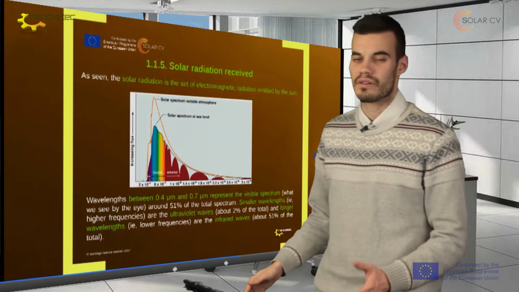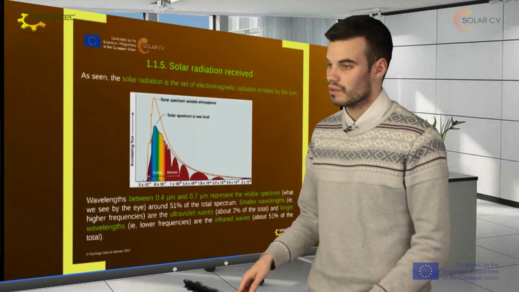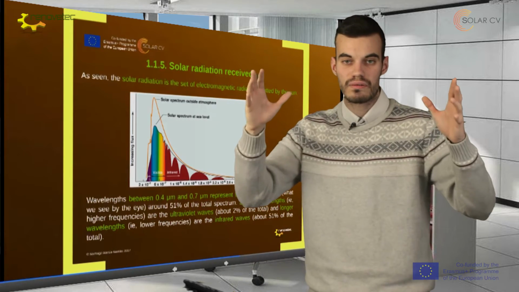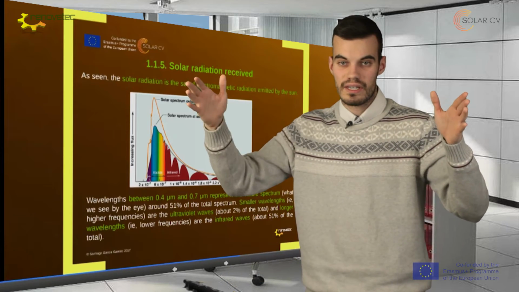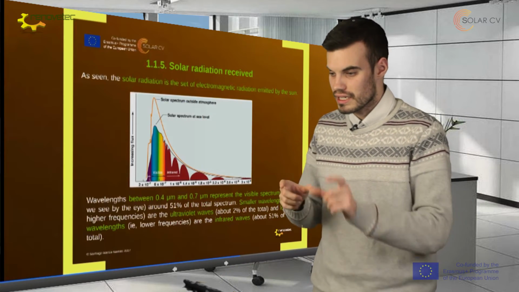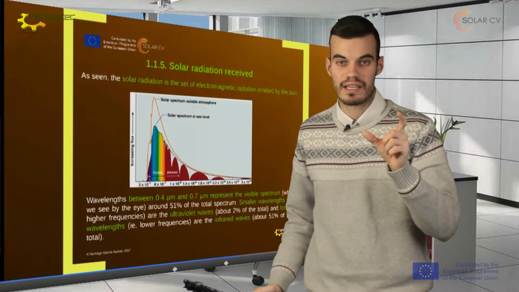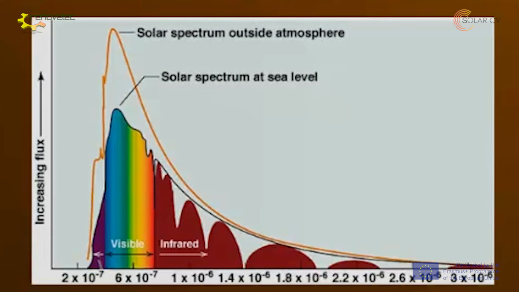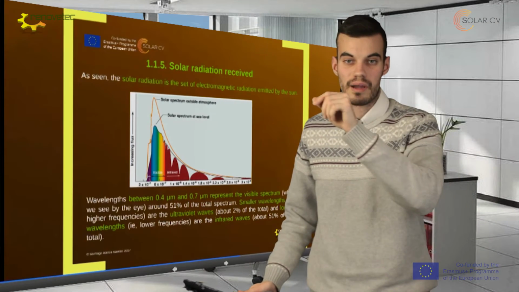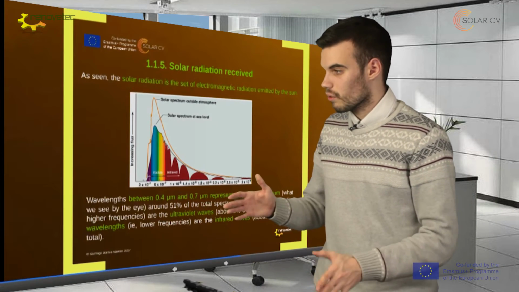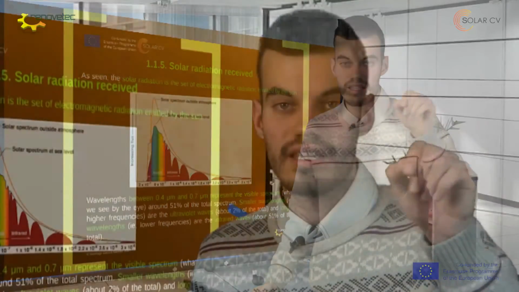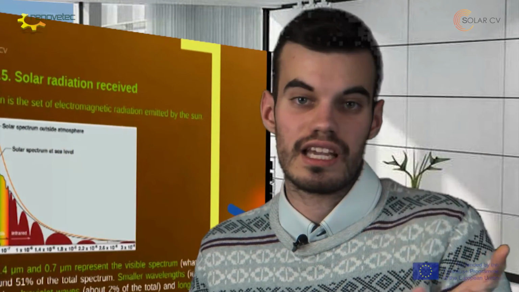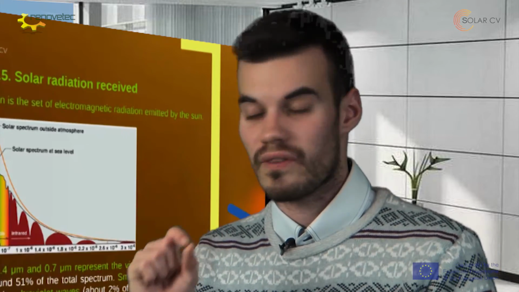Now we have a solar radiation received, and this is very important because we are going to have a spectrum of wavelength from 0 to infinite. But really, the span of this wavelength which is very important for us is the visible spectrum and the ultraviolet, because we know that the speed of light c is equal to wavelength multiplied by frequency, and we know by Planck's equation that the energy is equal to h, the Planck constant, multiplied by the frequency.